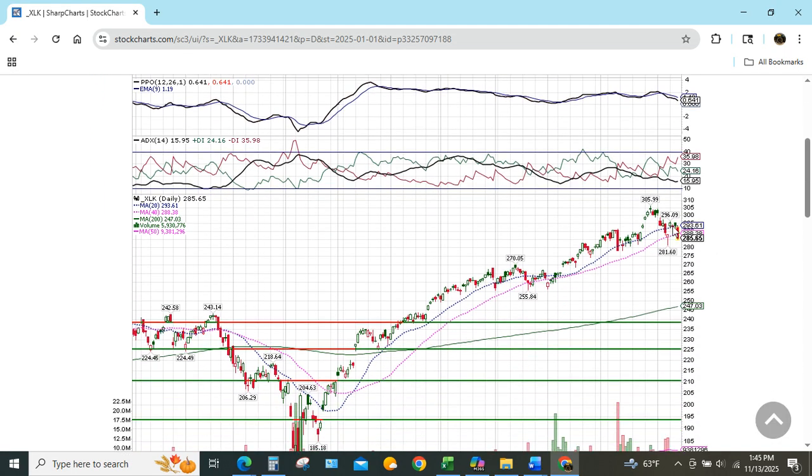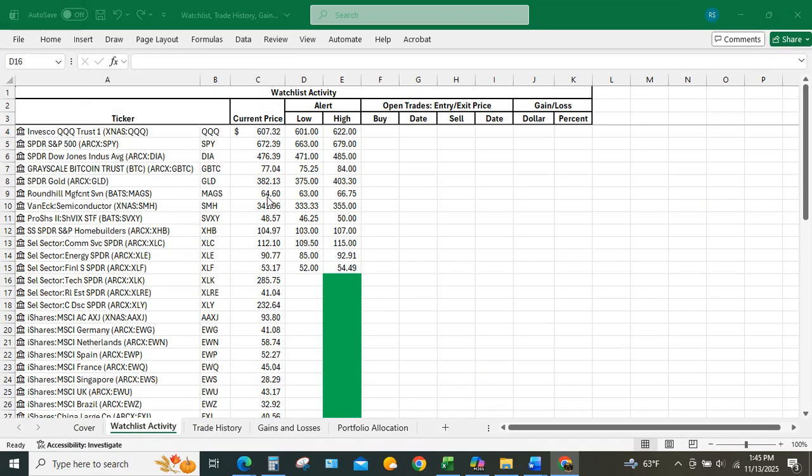But then you can see here, it's dropped below the 20. So I think next level of possible support at like 281. I mean, the most recent low was 281.60. So maybe it's going to be like 281.61.